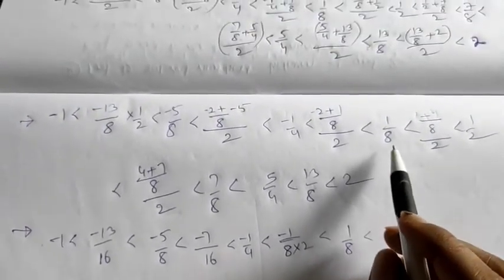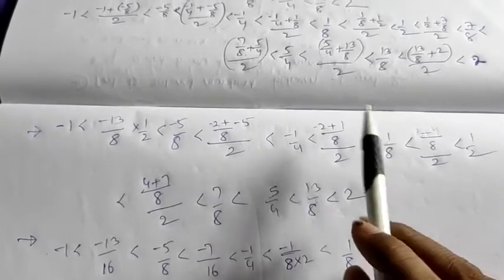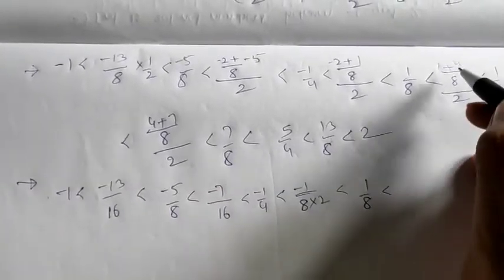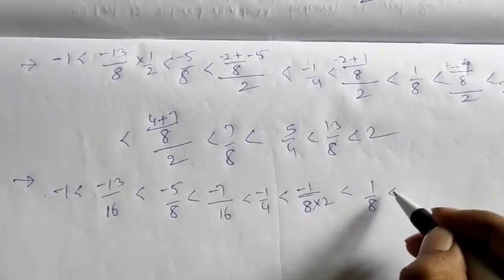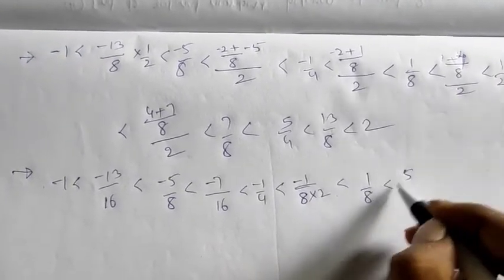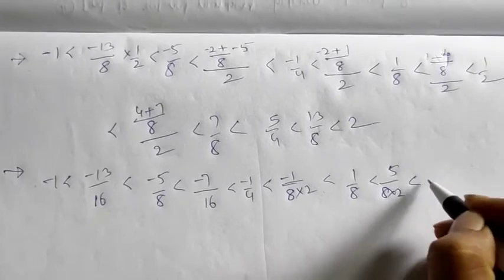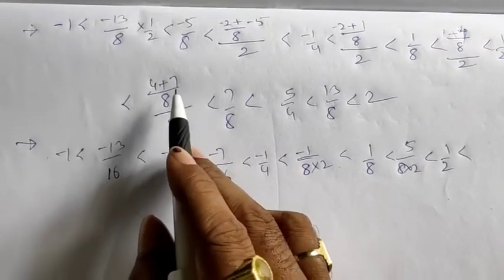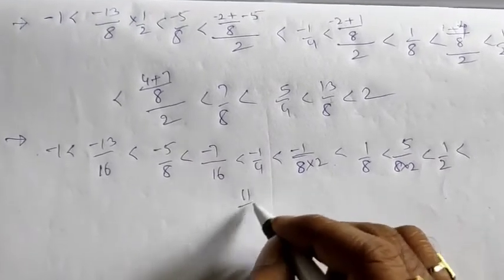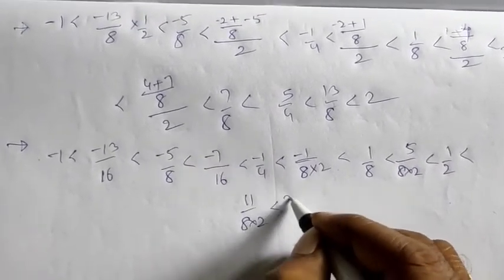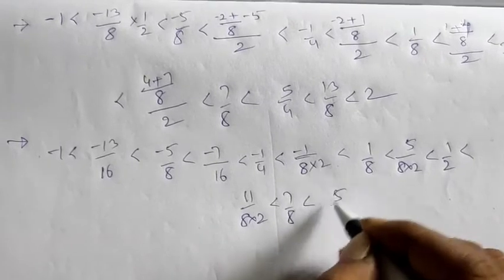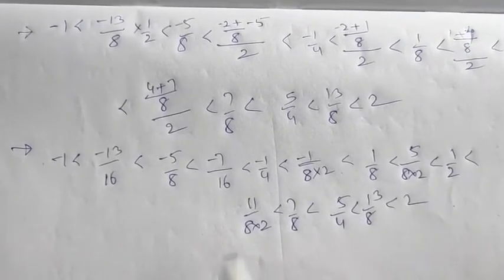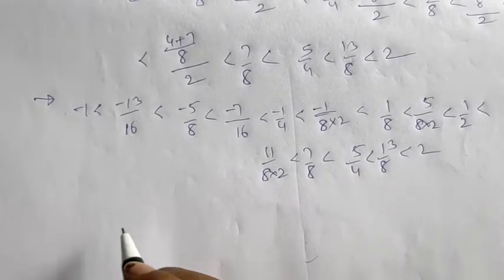See, the previous step is 1 by 8, so 1 plus 4 gives us 5 by 8 into 2, less than 1 by 2, less than, here 4 plus 7 means 11 by 8 into 2, less than 7 by 8, less than 5 by 4, less than 13 by 8, less than 2. Okay, now this is the final answer.